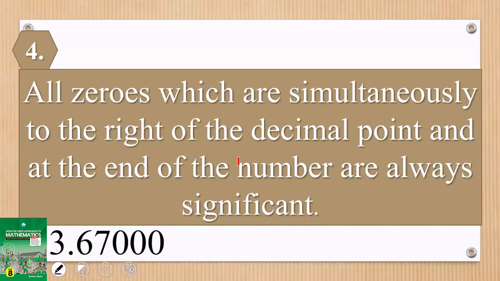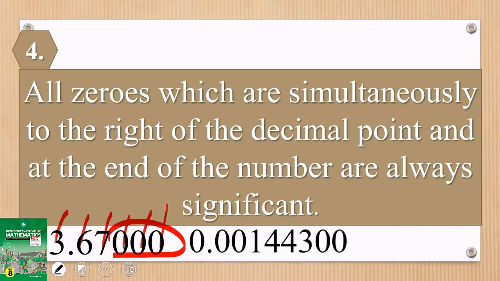If I have 3.67000, you see there's a decimal point and all these zeros are significant. And so here I have 1, 2, 3, 4, 5, 6 significant figures. Look at this number. Here, the leading zeros are not significant, but rather we have 1, 2, 3, 4, 5, 6 significant figures here. Does it make sense? Good.